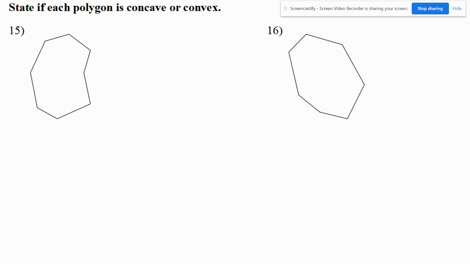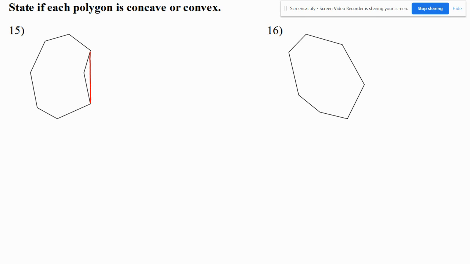Now, if I can think of a diagonal where part of the diagonal goes outside of the picture, I'm going to call it concave. If I think of all the diagonals possible, but none of them go outside of the polygon, then I'm going to call it convex.